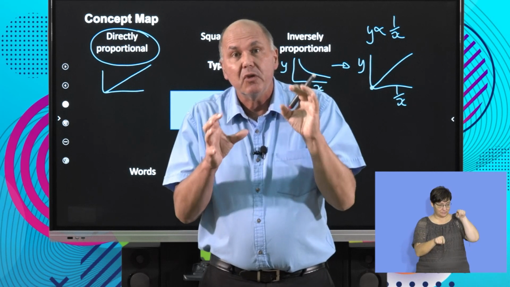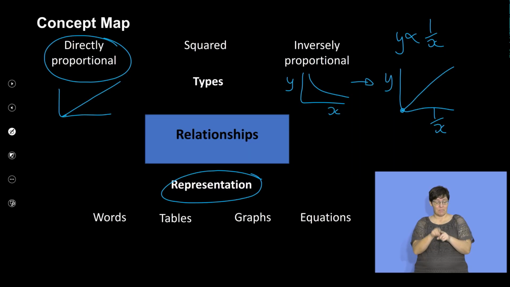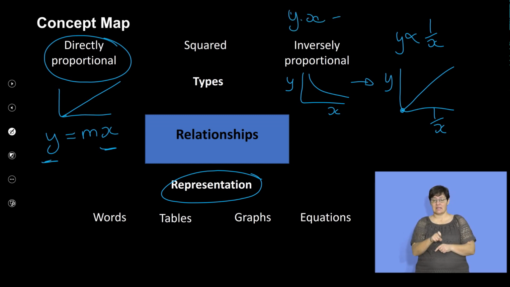If those two form together in an equation like a directly proportional relationship, where y is equal to the gradient m times x, then you know it's directly proportional. When you've got the equation that y times x is equal to a constant, then that's inversely proportional.